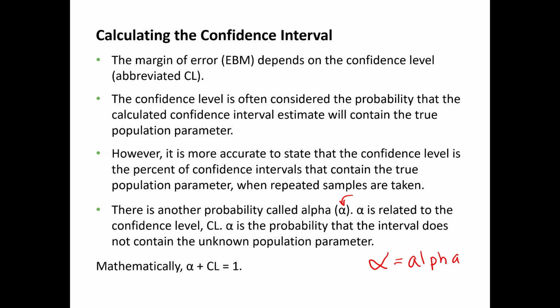Alpha is the probability that the interval does not contain the unknown population parameter. Mathematically, alpha plus the confidence level is 1, or alpha is 1 minus the confidence level, or the confidence level is 1 minus alpha, however you want to look at it.